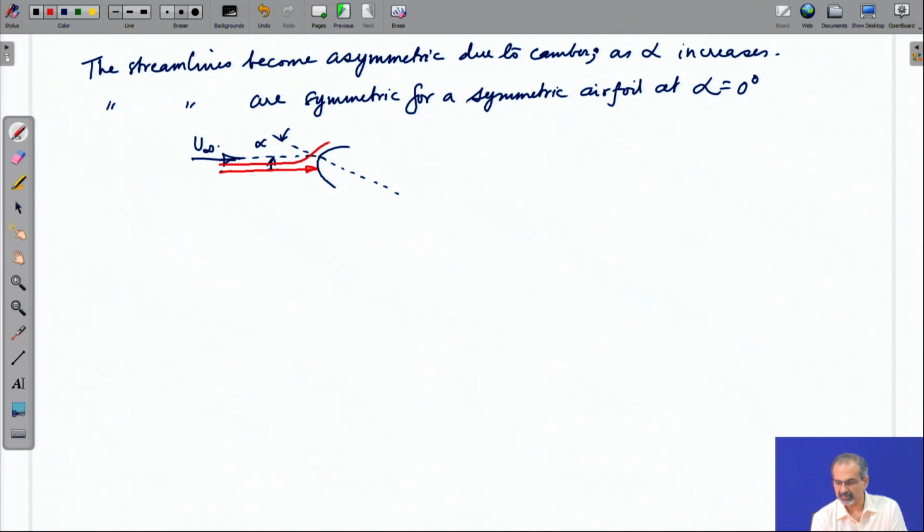Streamlines above it move towards the upper surface of the airfoil, or the leeward surface, and the ones below the stagnation streamline move to the lower surface.